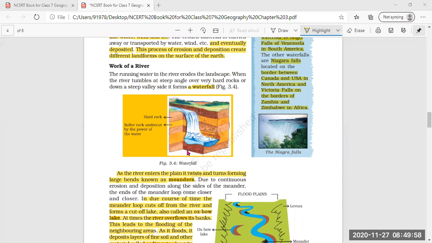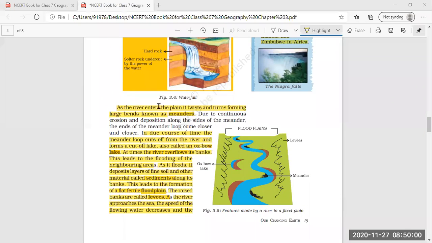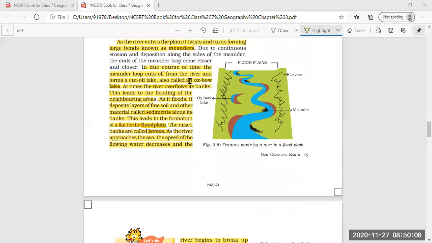Second, when the same river enters the plain area, it twists and turns and forms the meander. After forming the meander, due to erosion and deposition, the meander loops come closer to each other and take the form of an Oxbow Lake, a totally different land formation.